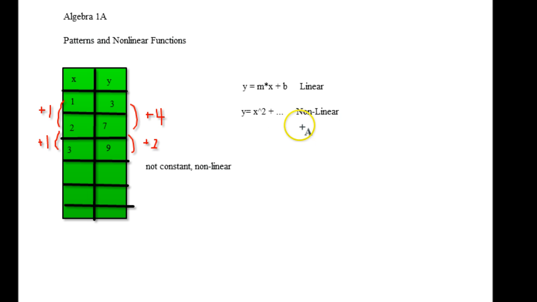Now if this is the highest degree, that is called a quadratic function. If the highest exponent is 3, that's a cubic function.